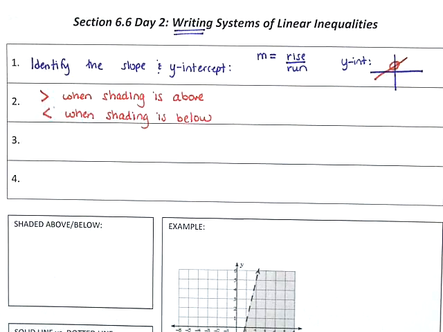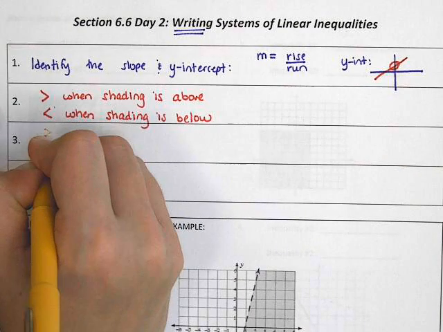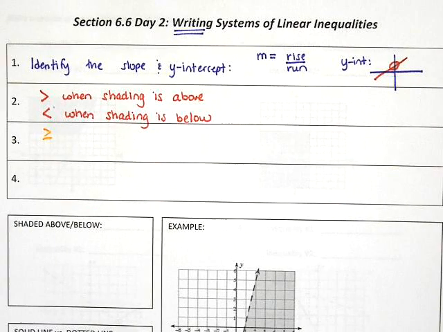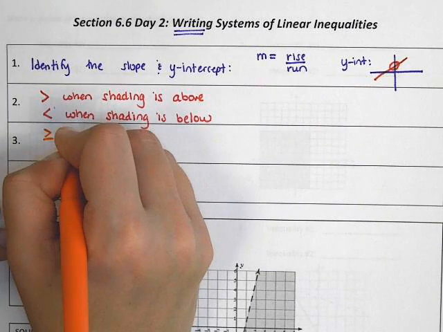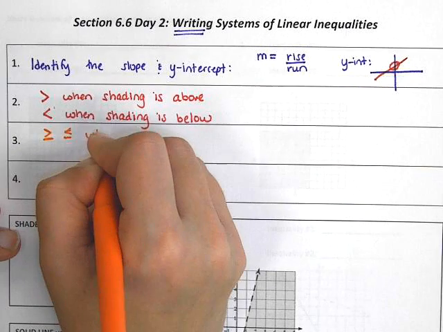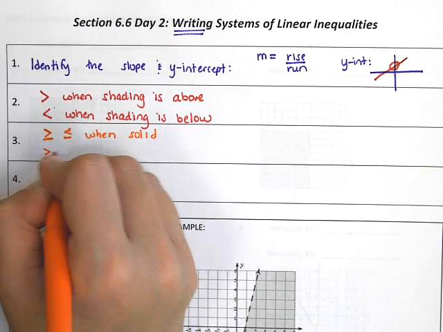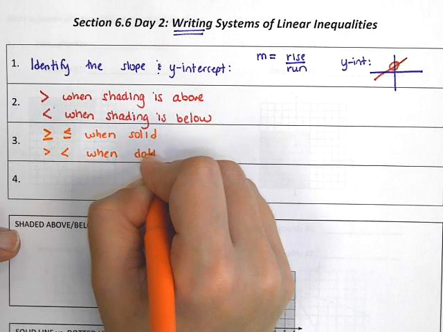Then you need to decide whether or not you need an equal to. You use an equal to when it's a solid line, and you leave it without an equal to when it's a dotted line.